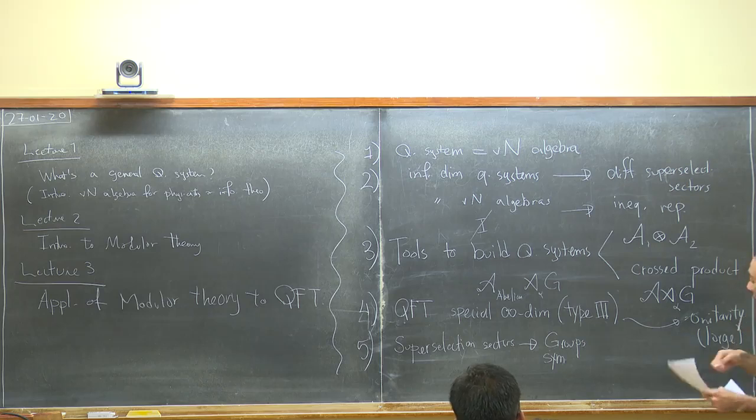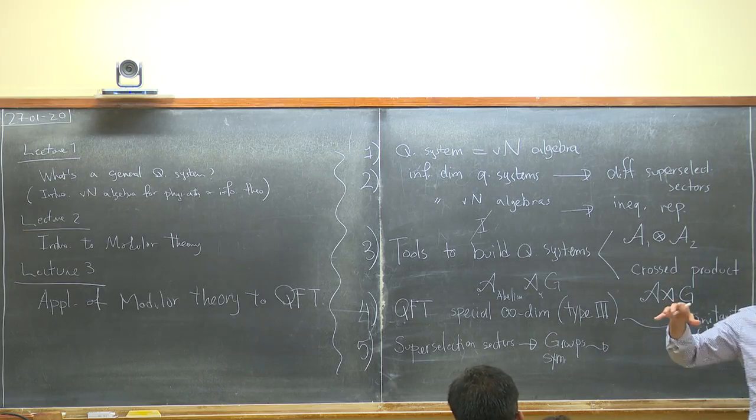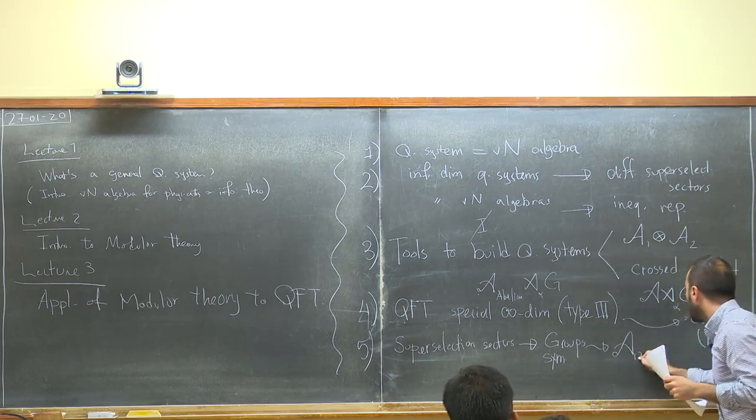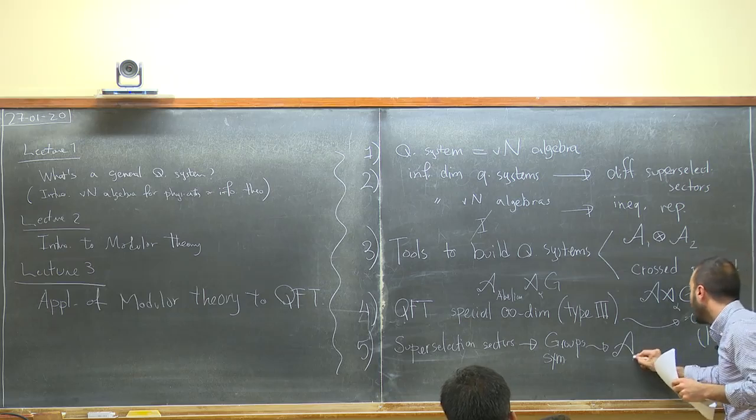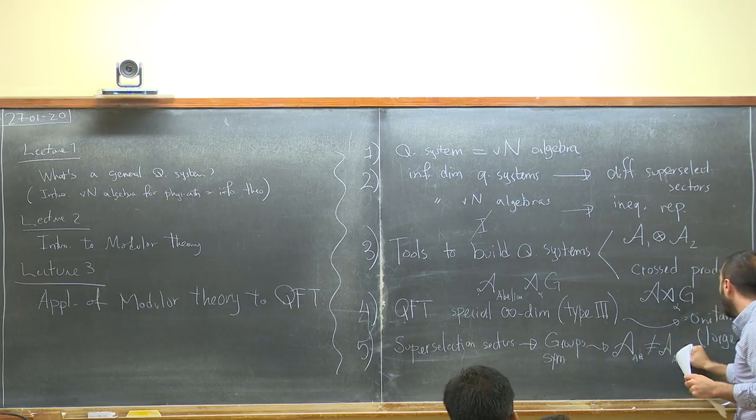And in the presence of symmetries, one of the things that happens is that if in a quantum field theory you have a region A and region B that are non-overlapping, the algebra of region AB is not going to be the algebra of A tensor the algebra of B.